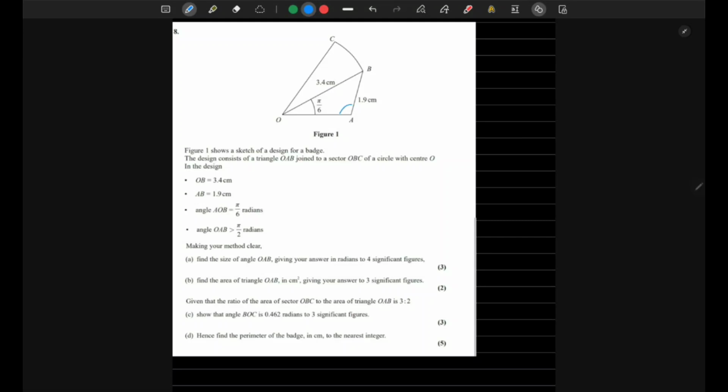Okay, so let's look into this. Which things do we have? We have two sides and one angle, so we can use the law of sines.